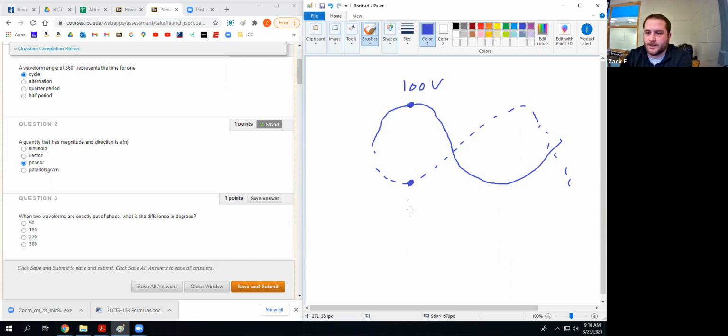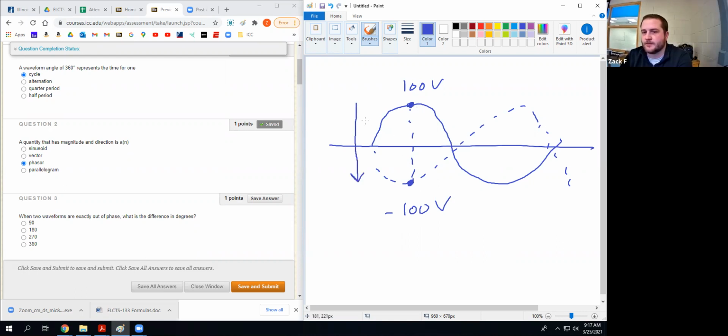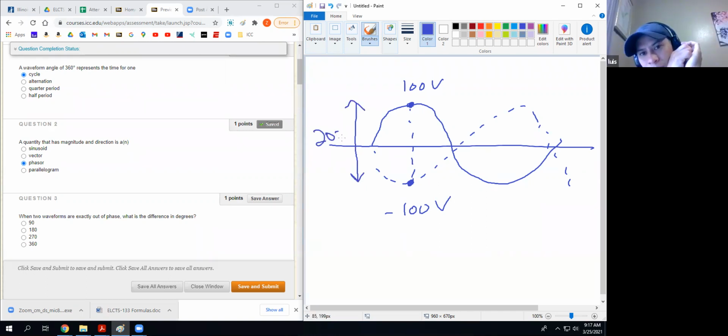This value would be exactly negative 100 volts. Makes sense? Add those two up, peak to peak, what do you get? But with respect to the ground, right? With respect to each other, add those two up and what do you get? You get this amount. With respect to each other, not with respect to the ground.